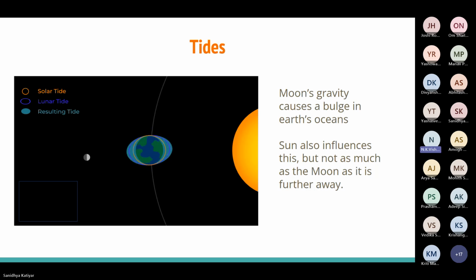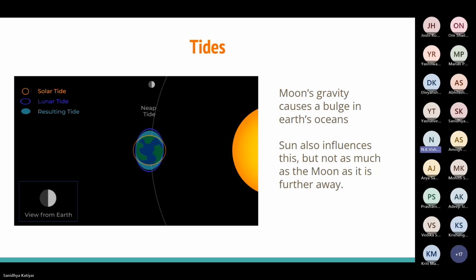When the sun and the moon are in a straight line, these effects add up because they want to bulge the ellipse in the same direction. This is called a spring tide, and this causes a very high overflow of tides.